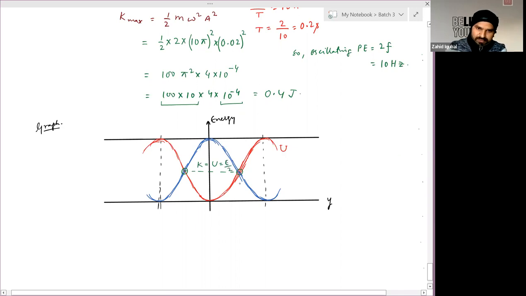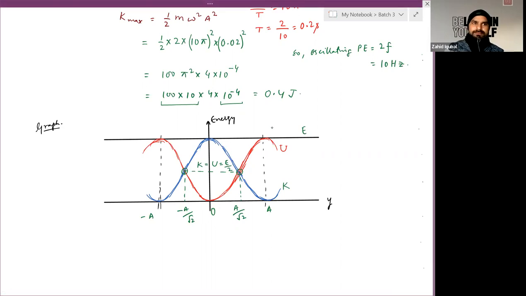So displacement of this particular point will be A by root 2, and this point will be minus A by root 2. This is one extreme and this is the other extreme, and this is the mean position. The blue one is for kinetic energy and this black one is for total energy, which is constant for this entire motion.